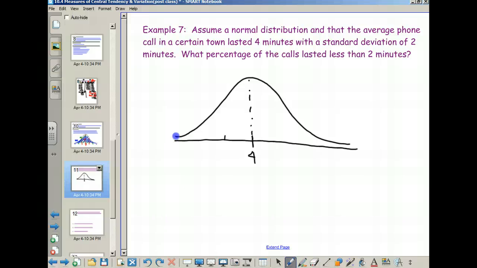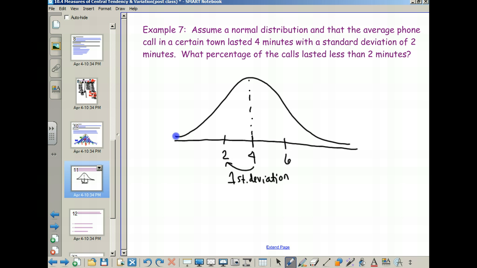So 1 standard deviation away from the mean is going from 2 to 6. And if I went out 2 standard deviations, where would I be? 8, 2 more, and 0. So my distance ends up being 2. So this is 1 standard deviation. It's just that in this problem, the standard deviation has a value of 2.